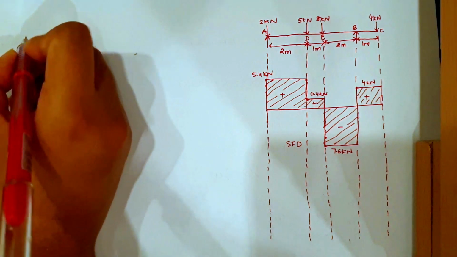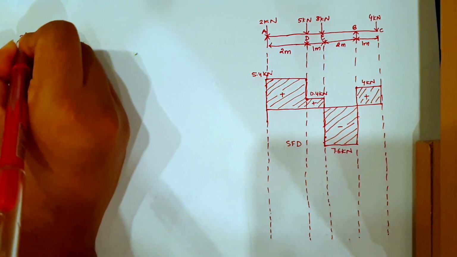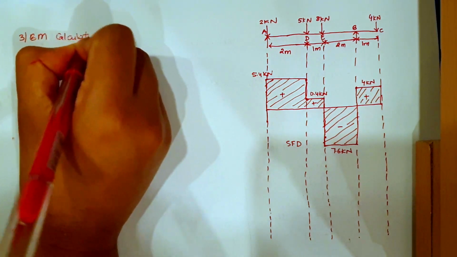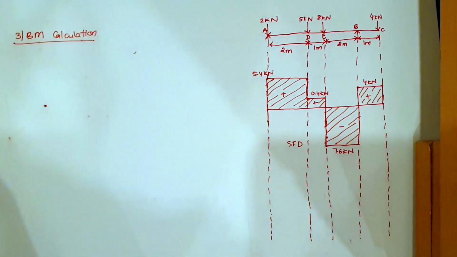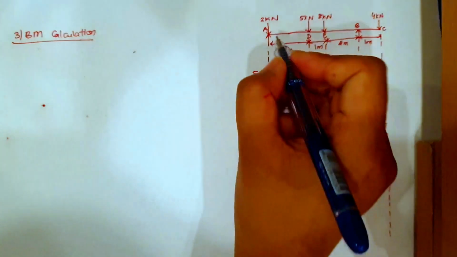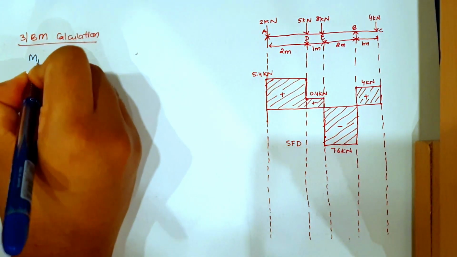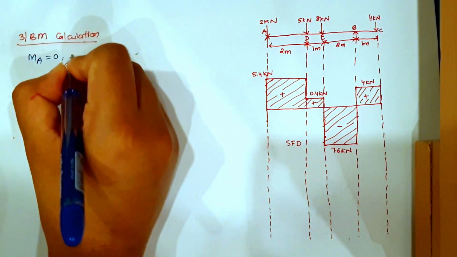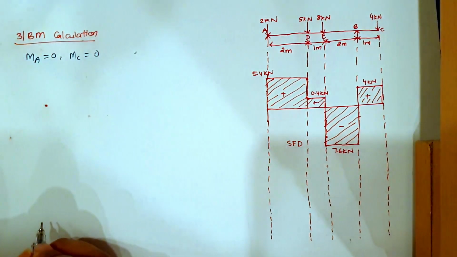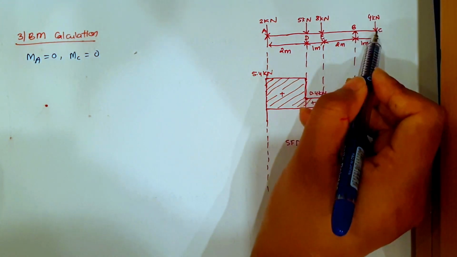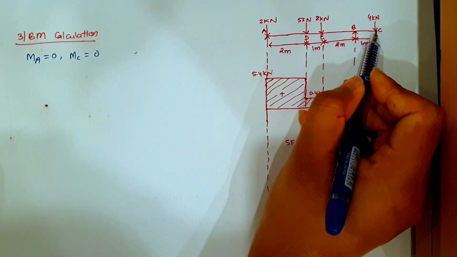Now let's find the bending moment. 3. Bending moment calculation. Now for this case, at support and free end it will be 0. So moment at A will be equal to 0, and moment at C will also be equal to 0. Now let's find moment at this B point. Now BC will be acting as a cantilever.